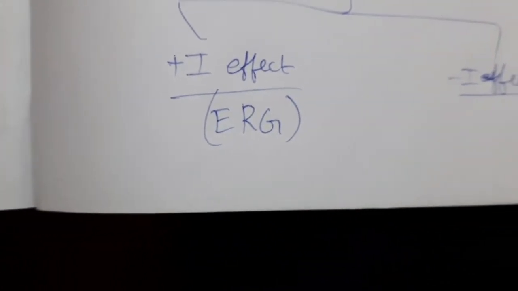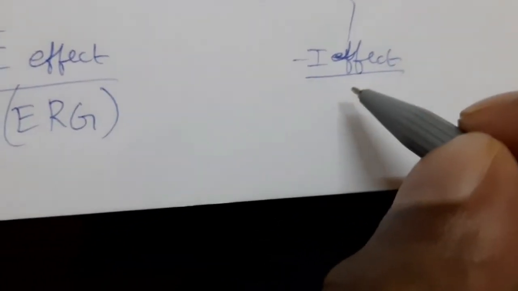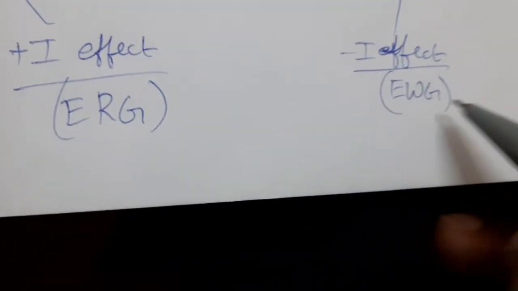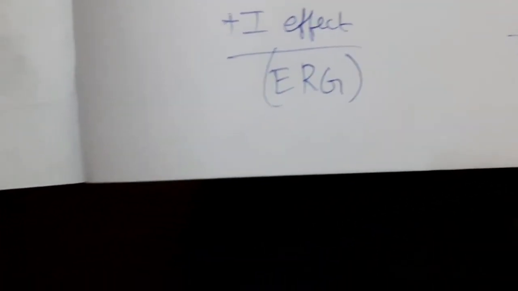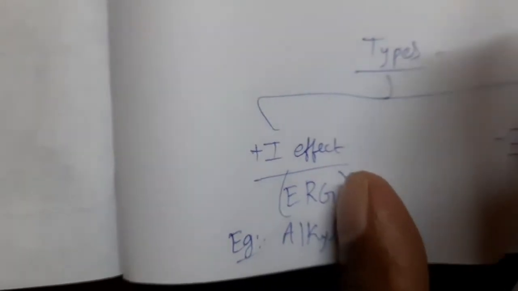Minus I effect means electron withdrawing groups, EWG. Electron releasing groups, for example, alkyl groups. Alkyl groups are electron releasing groups. They exhibit plus I effect in the given compound.